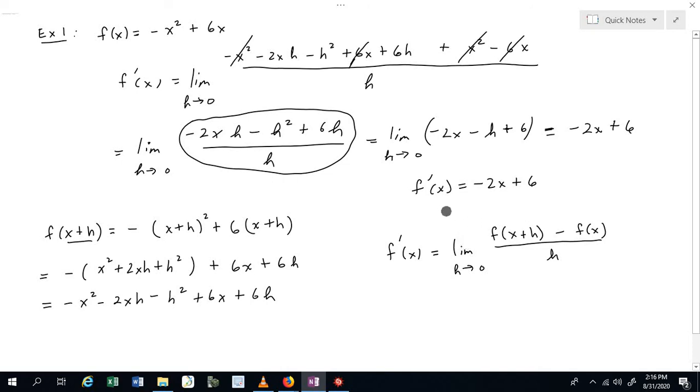Okay, and then just to finish this off, what does this function tell us about the original function? It tells us several things. The first thing it tells us is it gives us the instantaneous rate of change in this function at any point x in its domain. It also gives us the slope of the tangent line at any point to this function.